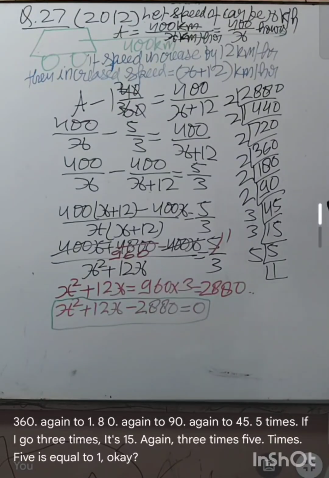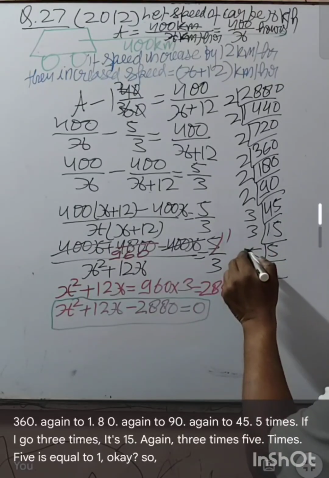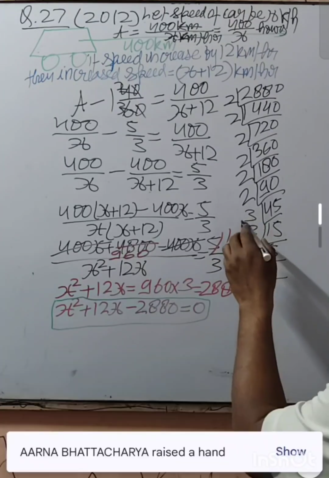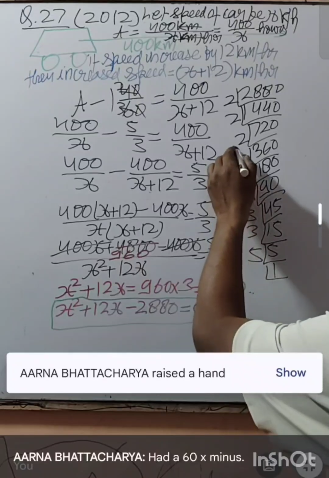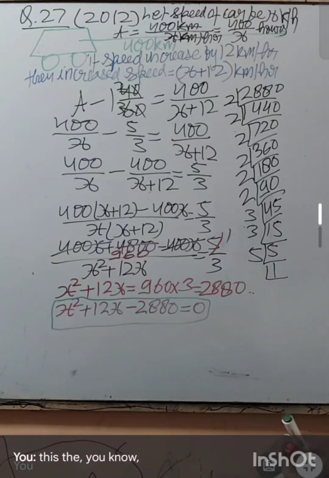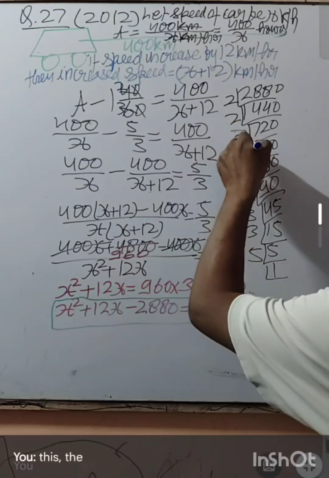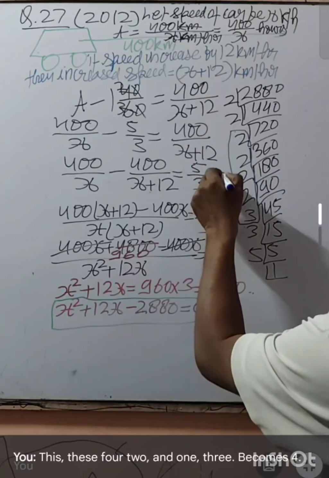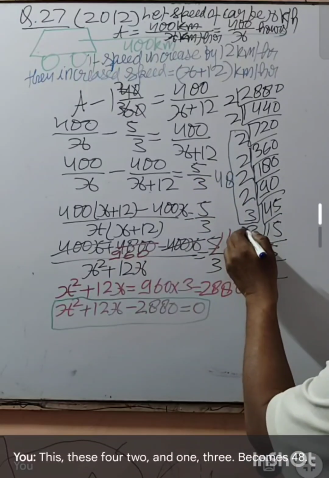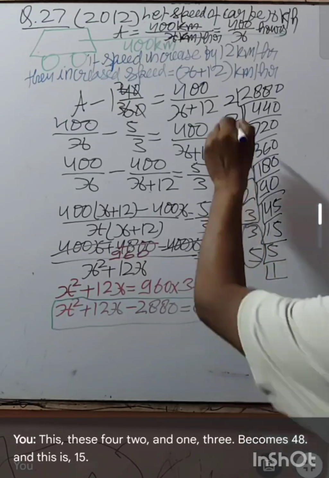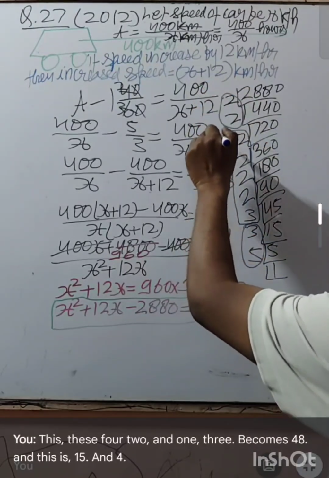Okay. So, you are saying 60x minus 48x. These 4, 2 and 1, 3 becomes 48, and this is 15 and 4 becomes 60.